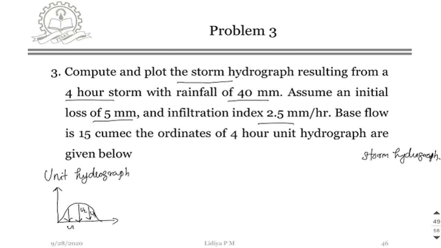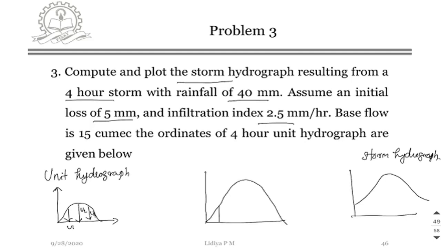From that you have to develop the storm hydrograph. How to calculate? From this unit hydrograph, first you have to calculate the direct runoff hydrograph with ordinates O1, O2, etc. ON.